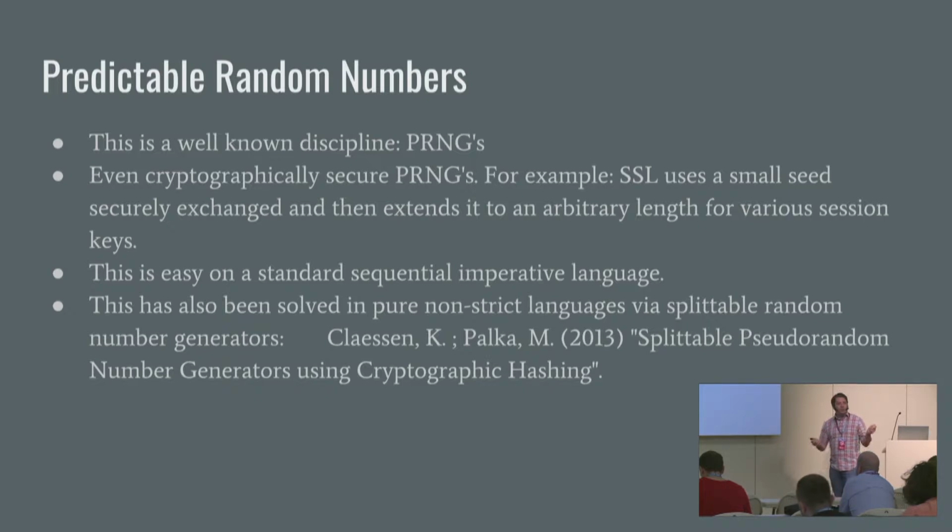In a functional language where you're trying to be pure, you don't want to read from outside state, and you want to not be dependent on evaluation order, this is also solved. There's a great paper from 2013 about splittable pseudo-random number generators using cryptographic hashing. The approach that we took is very much based on this, with some extensions because of the specific way that Rholang does things.